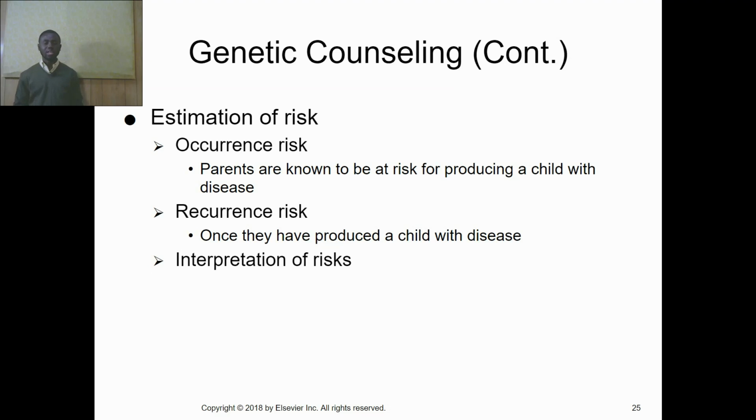We should note that in most cases, when we say 50%, it doesn't mean that if you have 4 children, 2 of them are going to have that genetic condition and 2 of them are not.